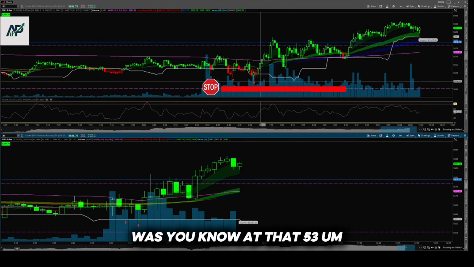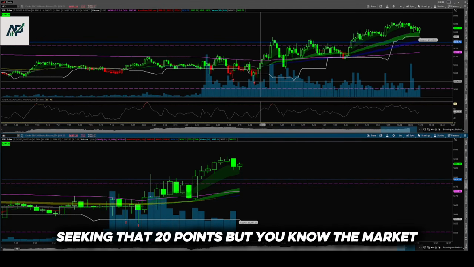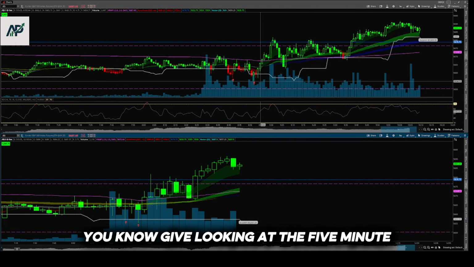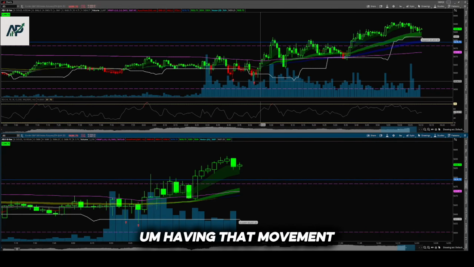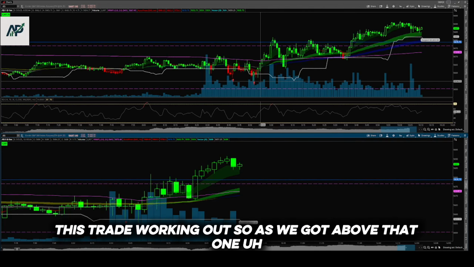at that 53. So I was taking a little bit of a bigger risk, seeking that 20 points, but looking at the 5 minute, having that movement, having that support, I was willing to risk a little bit more, as there was a higher probability of this trade working out.